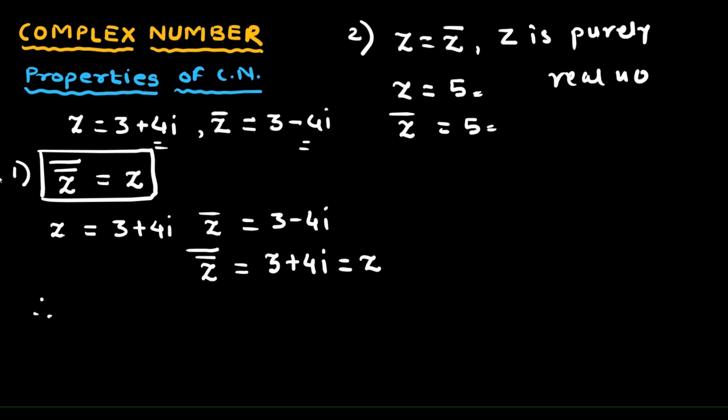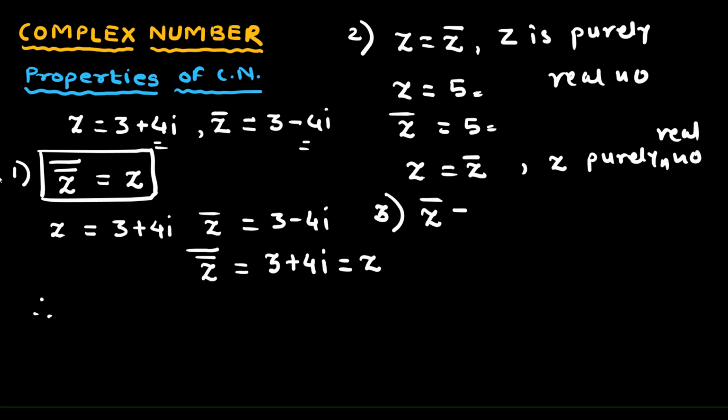That means we get z equals z conjugate in that particular case, where z is a purely real number.